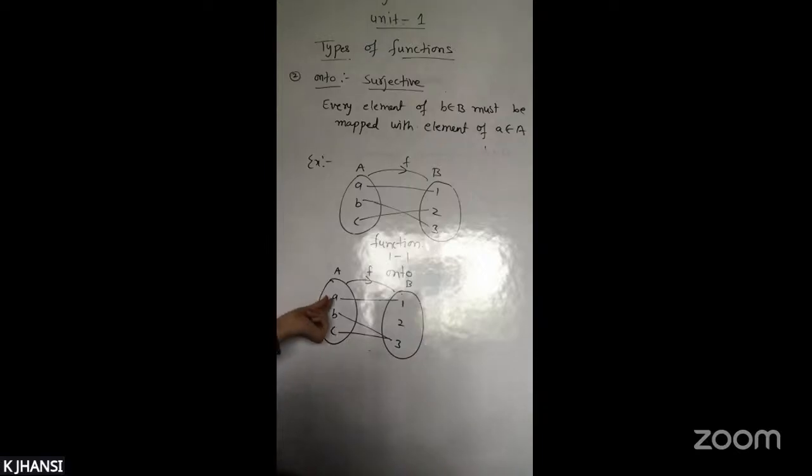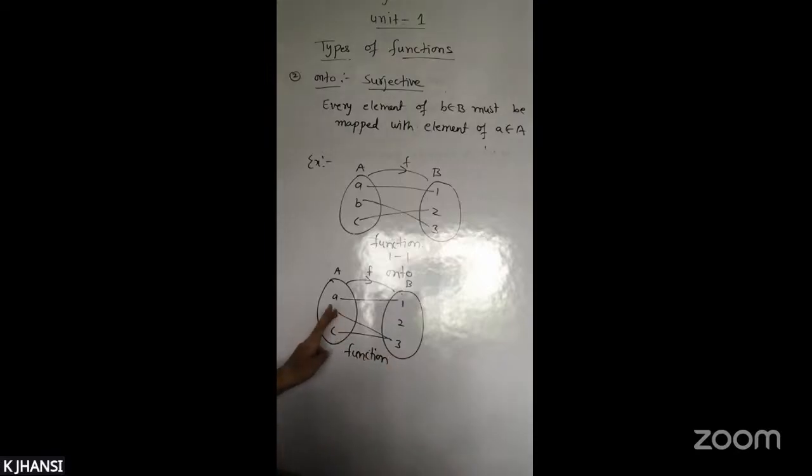Why? Because A has the image 1, B has the image 3, C has the image 3. One element of A should not have two images in B, but two elements in A can have one image. That is the condition for a function. All 3 elements have images here, so it is a function.